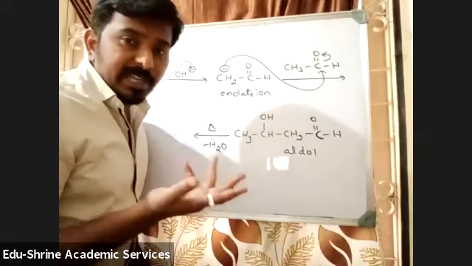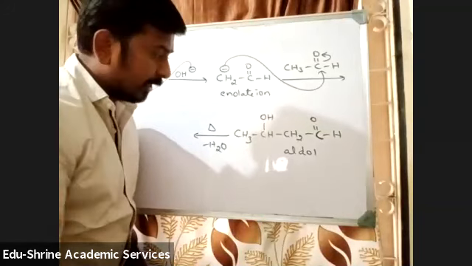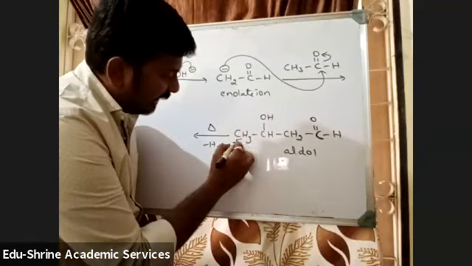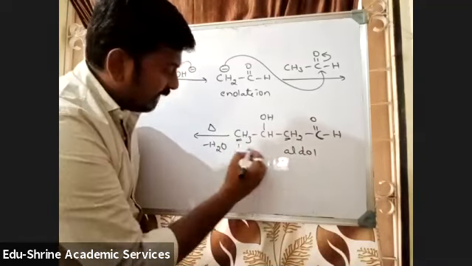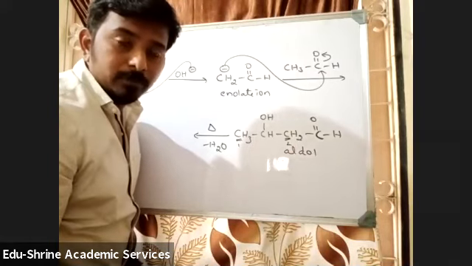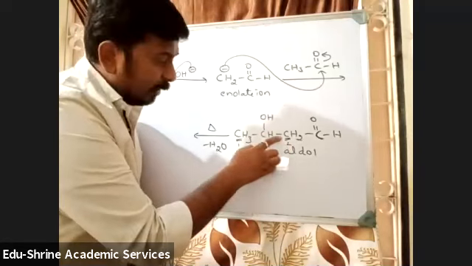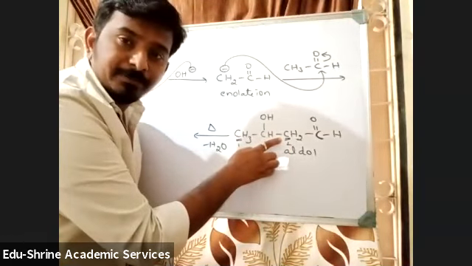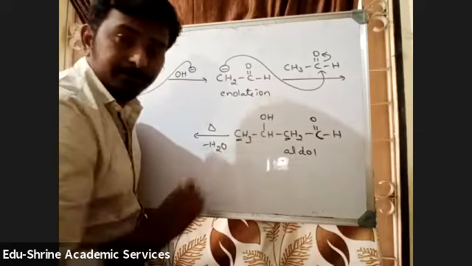Or if you know Saytzeff's rule, the more substituted alkene will always be the major product. So either hydrogen can be removed from this carbon atom or hydrogen can be removed from this carbon atom. If I tell this is 1 and this is 2, from where will you remove the hydrogen, students? 1 or 2? 2 definitely. Because if you get a double bond here, it will be more substituted, right? Or this is alpha and this is beta. Anyhow, you are comfortable. Okay.